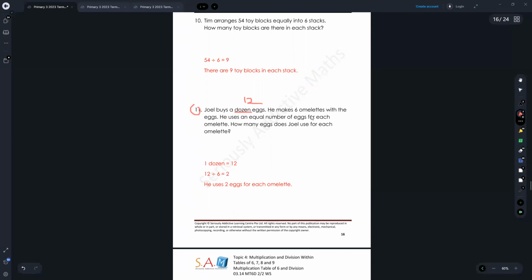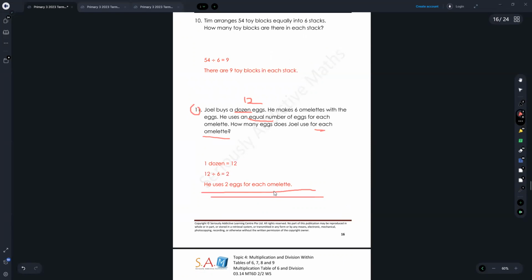For the time being, for P3, division is always the greater number divided by the smaller number. As long as they identify that this is a division question, equal number for each omelette, they know it is 12 divided by 6. And emphasize writing the answer here, because is it 6? Is it 2?